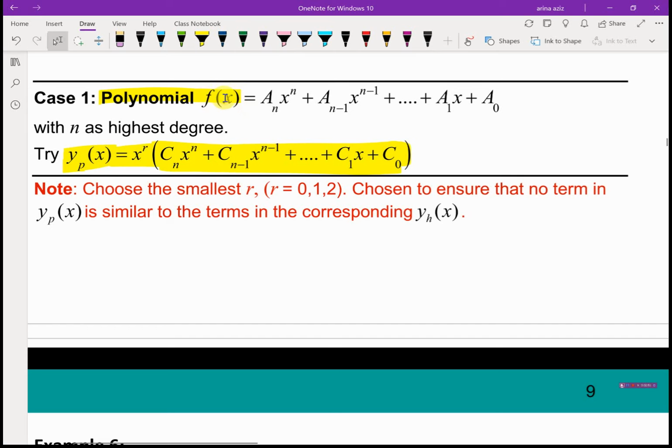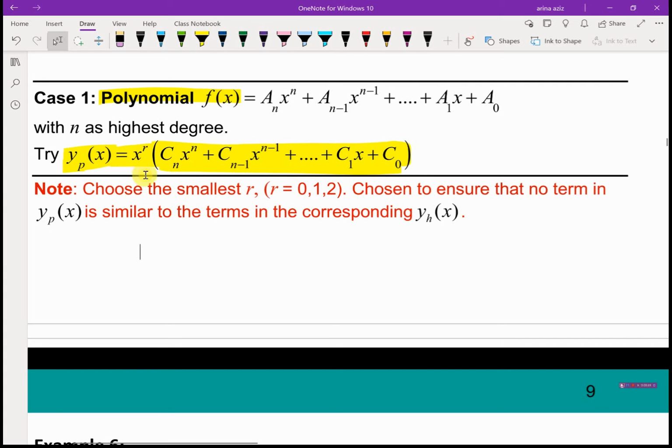So if f(x) has the degree of 2, like x squared plus x equal to 0, for example, then the yp will also have cn x to the power of 2, plus c1 x to the power of 1, and so on.